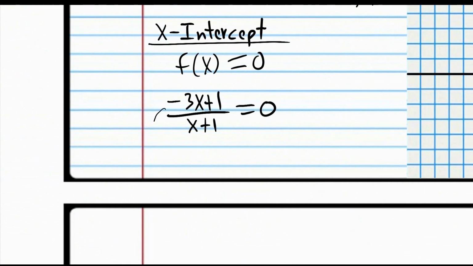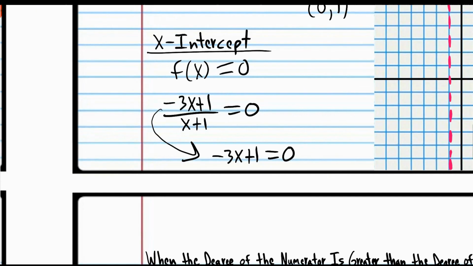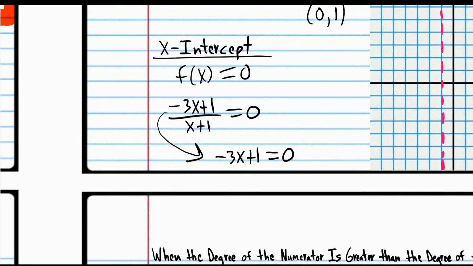If both the numerator and the denominator are 0, then that means you have a hole. So if we solve, we get 1/3. So the x-intercept is (1/3, 0).